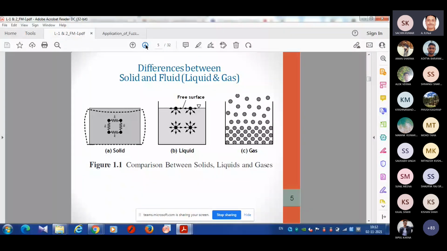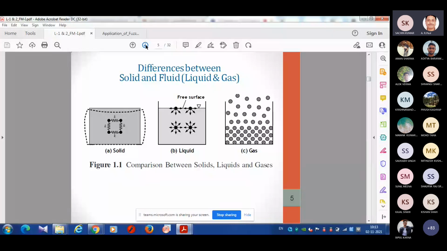Next is the free surface. This free surface is, you can say, the demarcation between a liquid and gas. How can you demarcate between liquid and gas? Liquid can form a free surface, whereas gas cannot. You can put some liquid in a jar, but you cannot put gas in a jar unless the jar is closed from all sides.